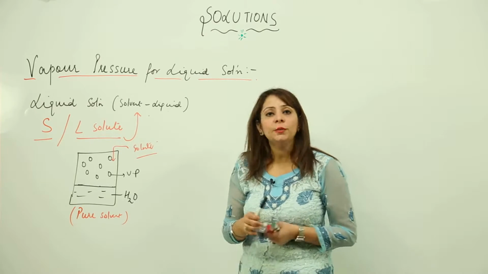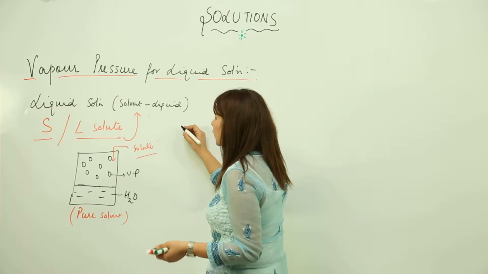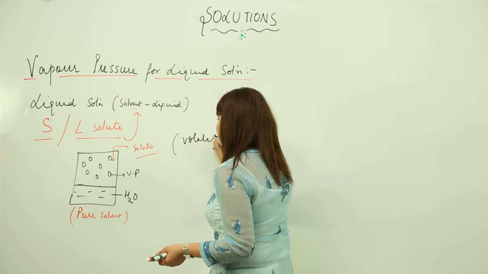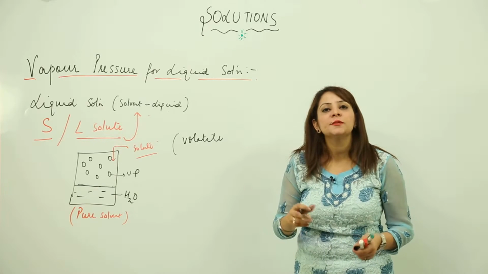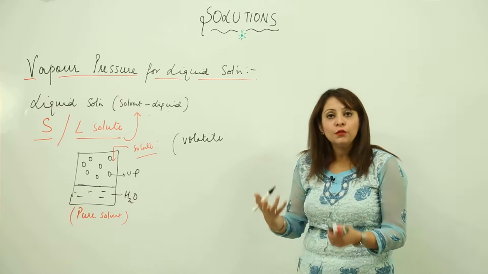Now if we talk about the solute, let us take an example. Suppose I am adding a solute which is a volatile solute. What do you mean by volatile? Volatile means the solute or substance has a tendency to evaporate. So I can have a volatile solute.